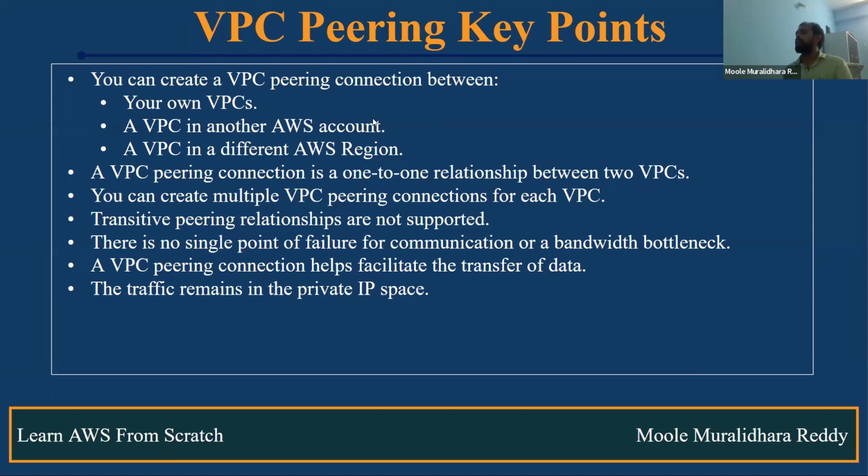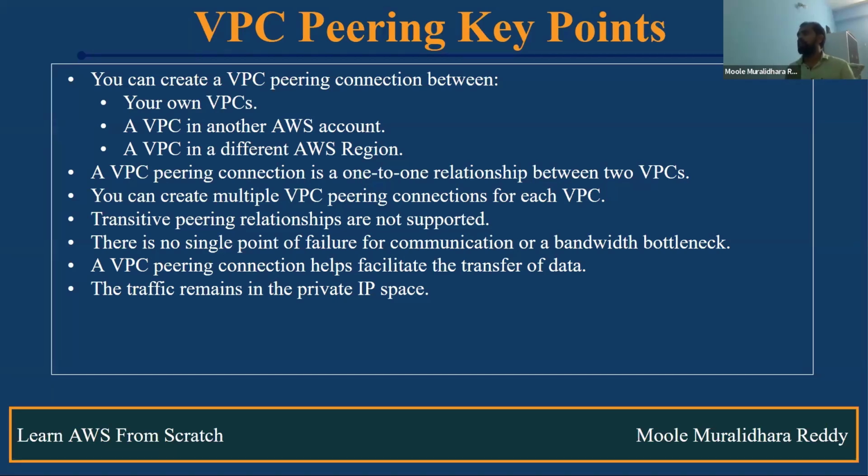Again, we can create VPC peering within the same AWS account or a different AWS account, in the same region or different regions. One more thing you have to remember: whenever you set up a peering connection, the CIDRs of the two VPCs should not overlap. For example, if one VPC has a 10.0.0 series and the other VPC also has 10.0.0, you can't set up a peering connection.